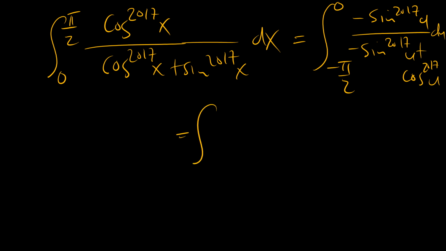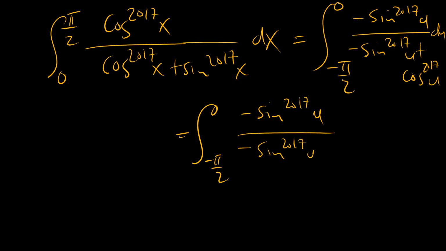Let me rewrite that so that we can see it clearly. So we have negative sine to the power 2017 u over negative sine to the power 2017 u plus cosine to the power 2017 u du.